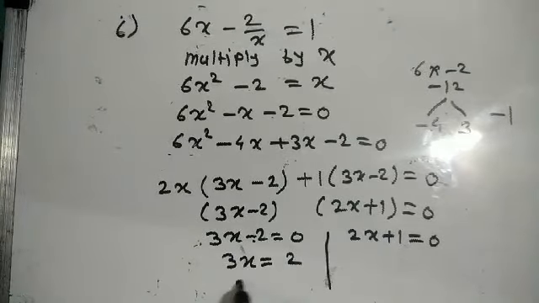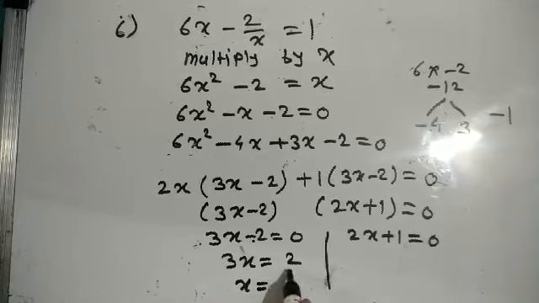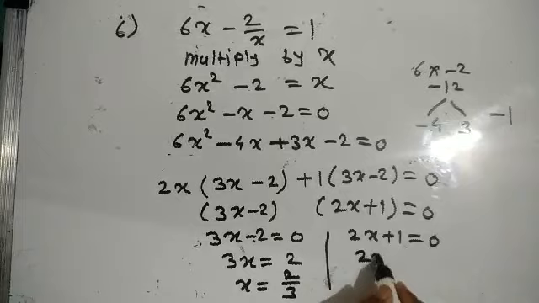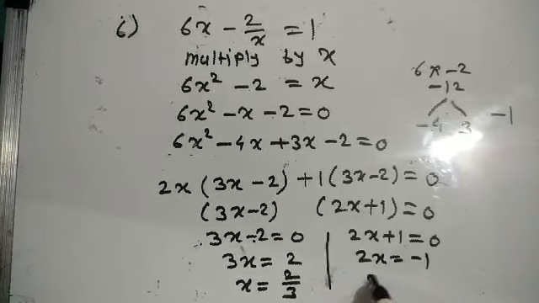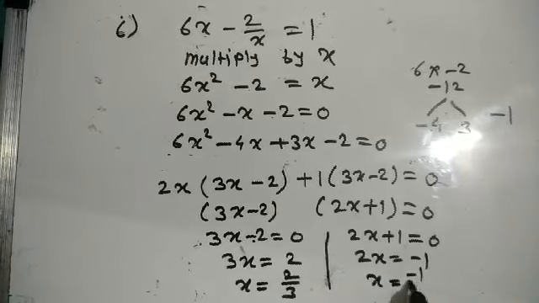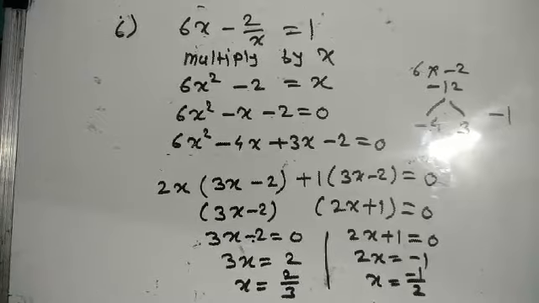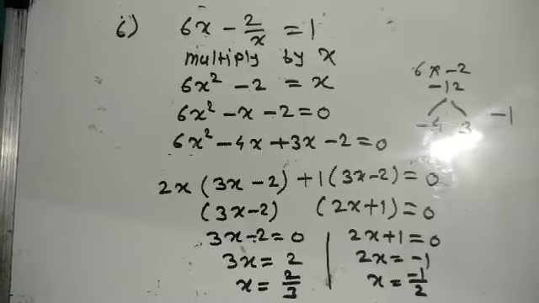Take this 3 to the right hand side. x is equal to 2 by 3. Similarly 2x is equal to minus 1 and x is equal to minus 1 upon 2. Therefore this 2 by 3 and minus 1 by 2 are the roots of the equation.